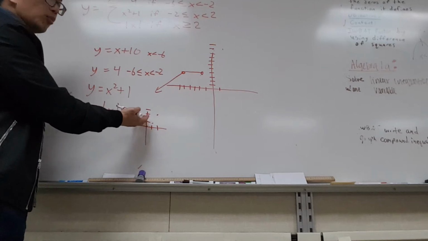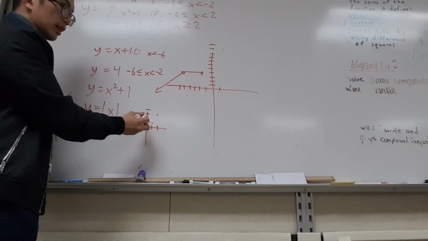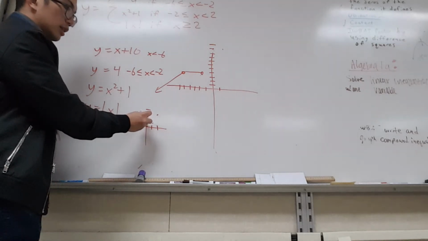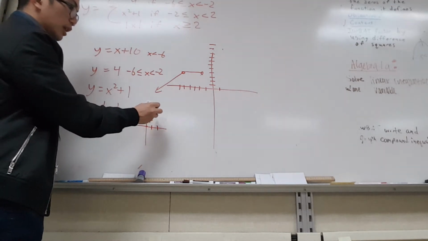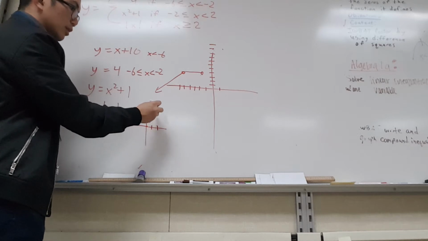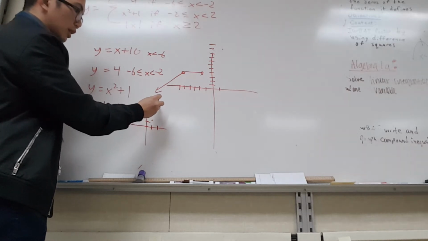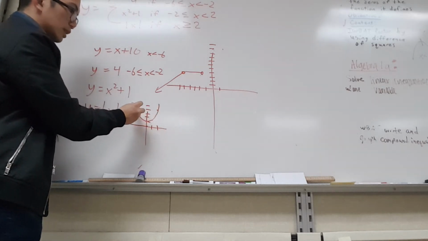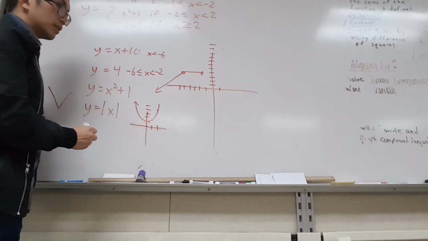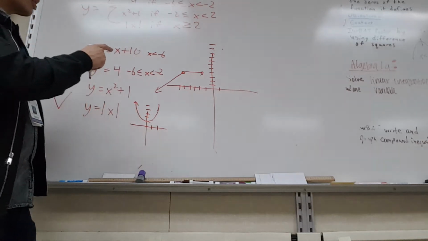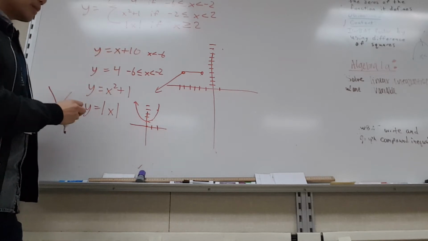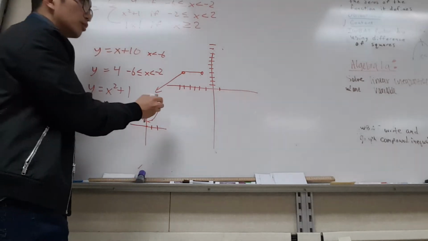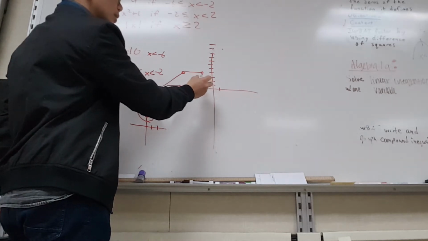But if you move it up 1, the vertex is now at 0, 1, and it's going to go through 1, 2, and 2, 5. Okay? It's going to look like this. That's your parabola x squared plus 1. So if you're going to graph it here, and it's from negative 2 to 2, at negative 2 you are at 5.